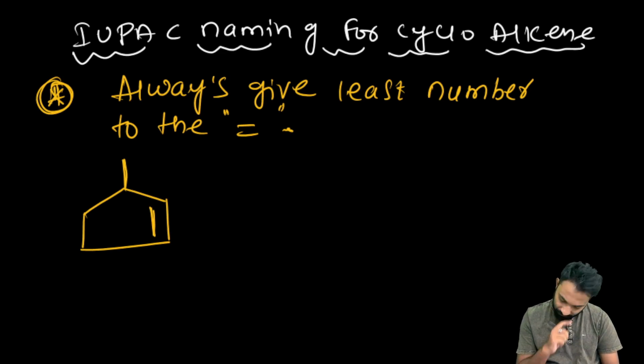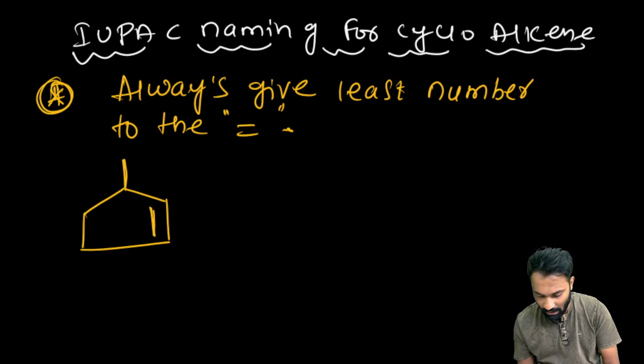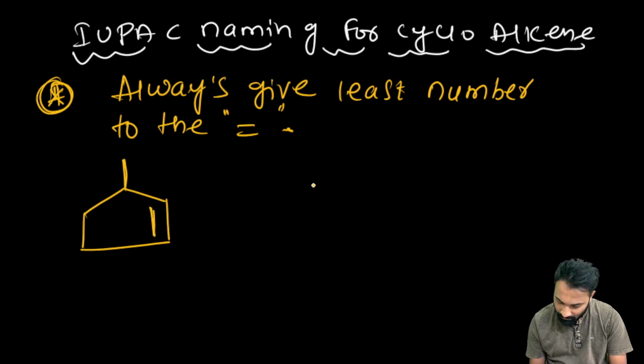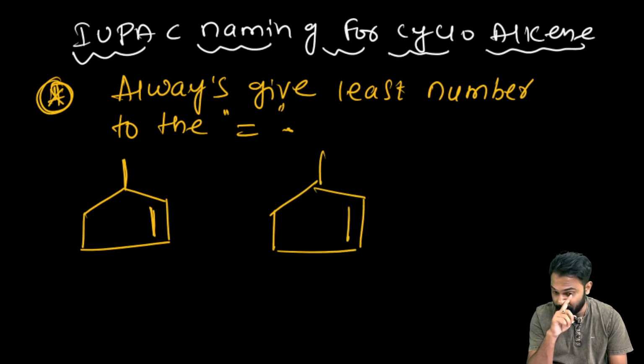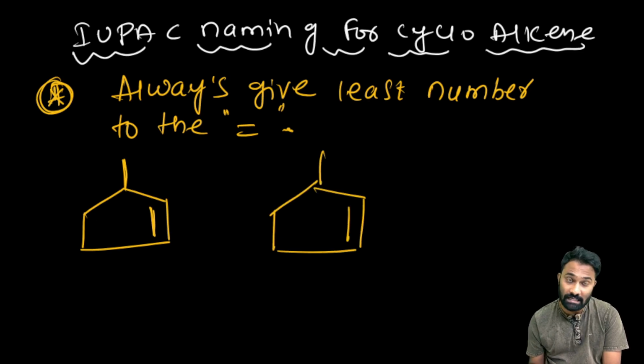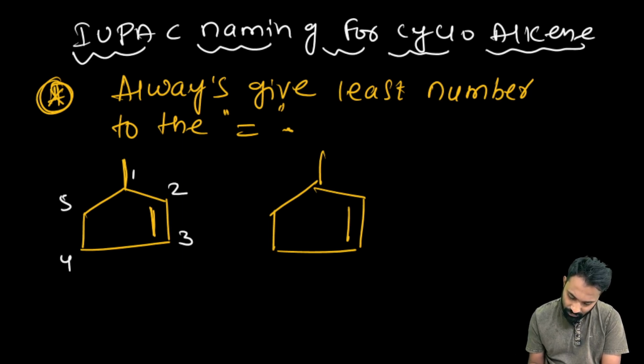So now the naming of this compound. First of all, identify the parent carbon chain and give the numbering. We may think that the substituent should get the least number, so first this will be the numbering we used to give.